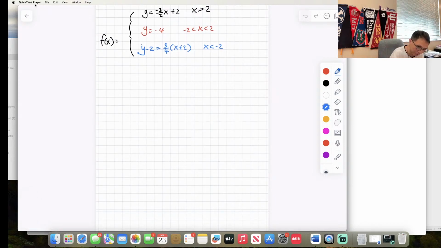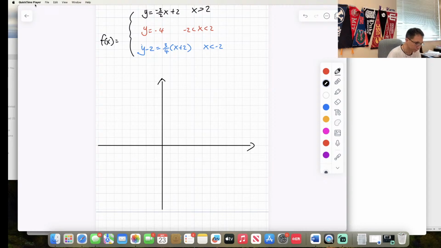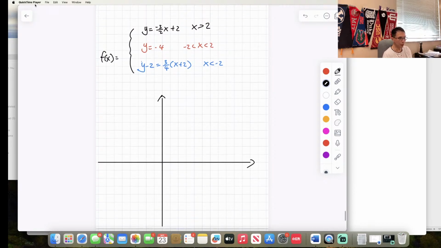So I'm gonna use black here. I'm gonna organize by restriction. The restriction says only graph x greater than 2. So I'm gonna use a color shading tool here to help me. It's going from 2 to infinity, so it's going from here to here.